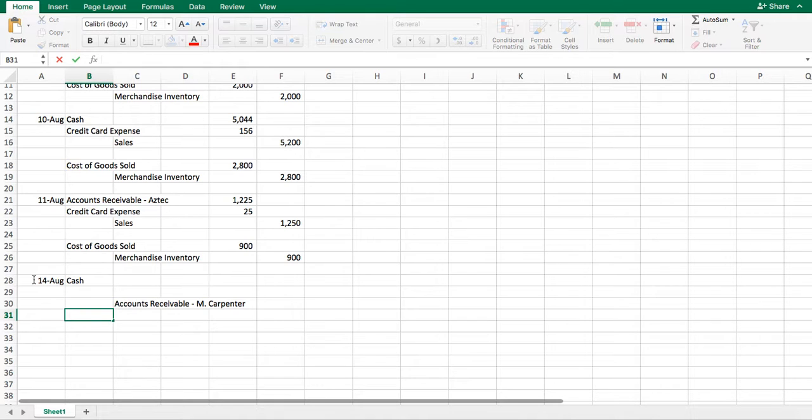Let's see, it's in the problem. Very last thing, we have a term. All credit sales are 2/10 net 30, meaning if they pay within 10 days, they get a 2% discount. And they did get the discount, so we would record cash received less the discount. And the discount would be $3,700 times 2%.